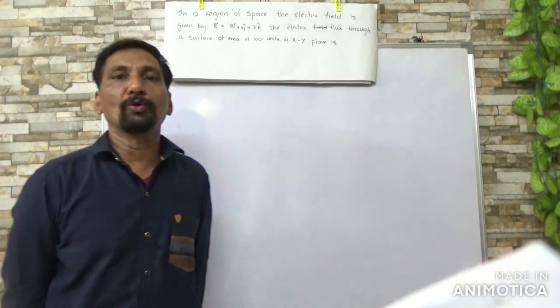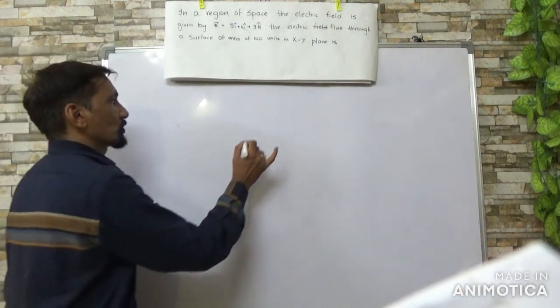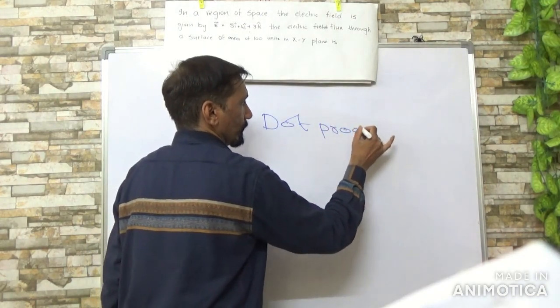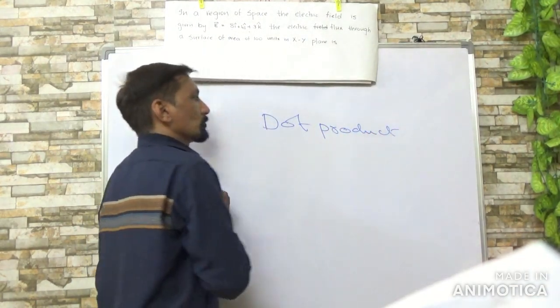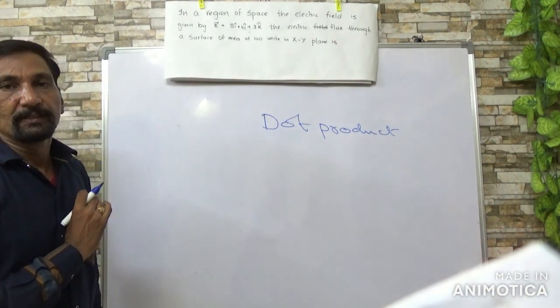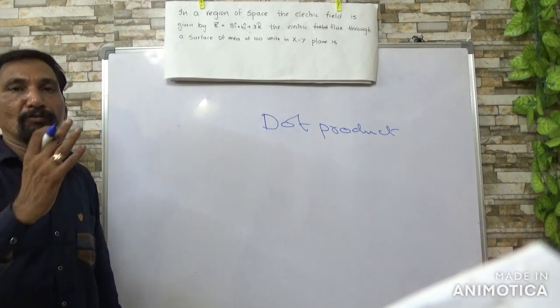Now we are going to learn about the dot product of 2 vectors. The dot product is also called the scalar product, and based on this you are given a number of problems.